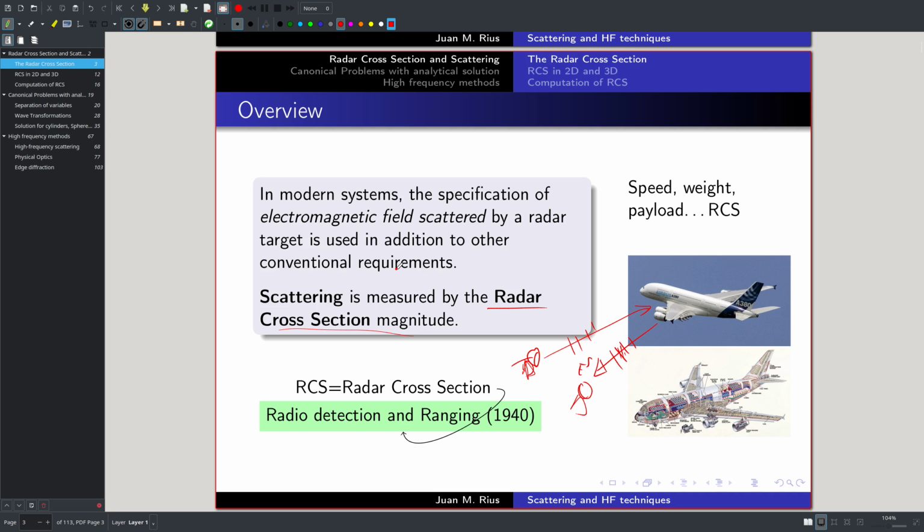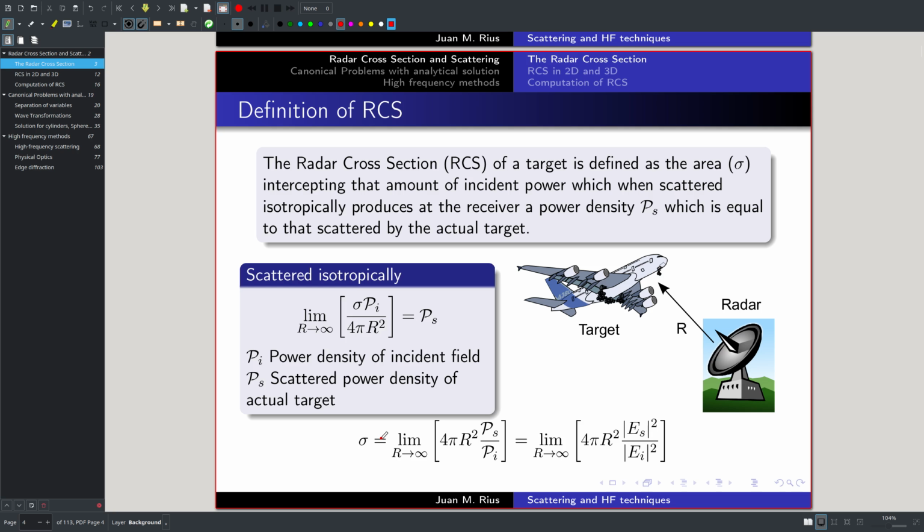So at the end it is a very important magnitude that is specified together with the speed of the aircraft, the weight, the payload that it can transport, etc. The RCS, or radar cross-section, is a very well known magnitude that you must be aware of, and a very important one.